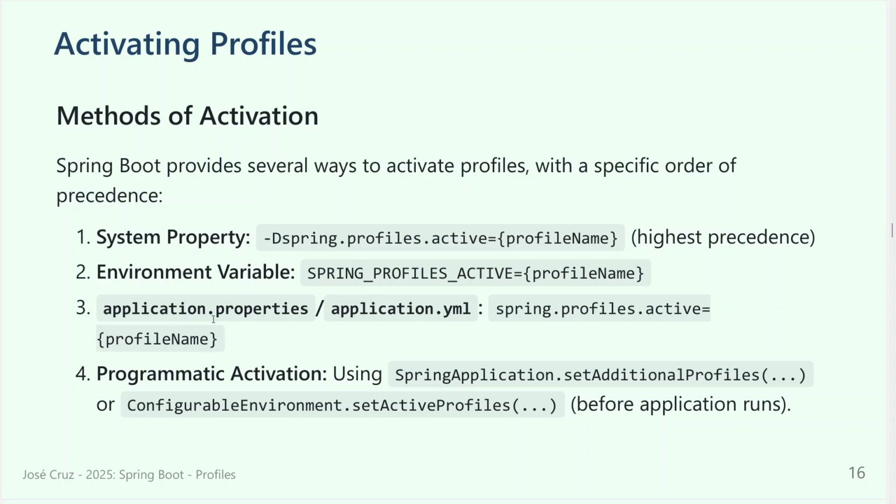It means if you have an application properties with dev, but you activated prod, the application dev will be ignored. So this is the order. If it has been defined somewhere and there is a conflict, usually the system property wins over the environment variable, the environment variable over the application properties, and the application properties over the programmatic activation.